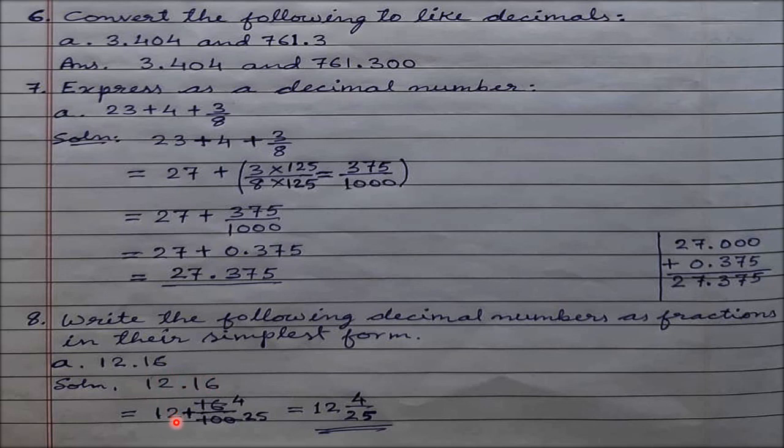So it is 12 whole, 16 by 100, because 16 is covering up to the hundredths place. So 12 plus 16 by 100. Now if you cancel by 4, 4 times 4 is 16 and 4 times 25 is 100. Now 4 and 25 we cannot cancel more, so they are in the lowest terms. So the final answer is 12 whole 4 by 25.